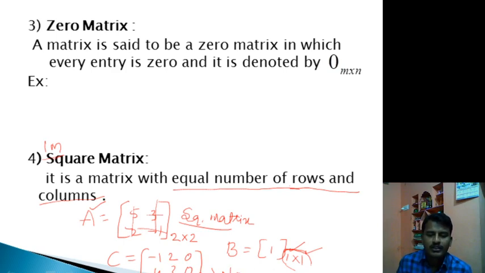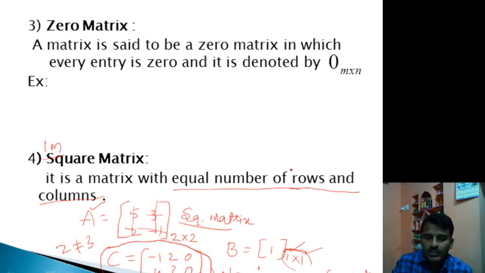No, it is not a square matrix, because this matrix contains two rows and three columns, but our statement is rows and columns are equal, and here rows and columns are not equal. That's why C is a matrix only, but it is not a square matrix.